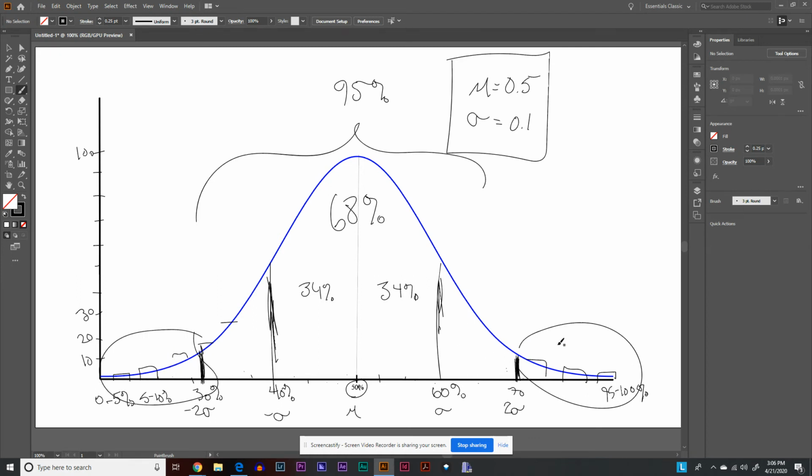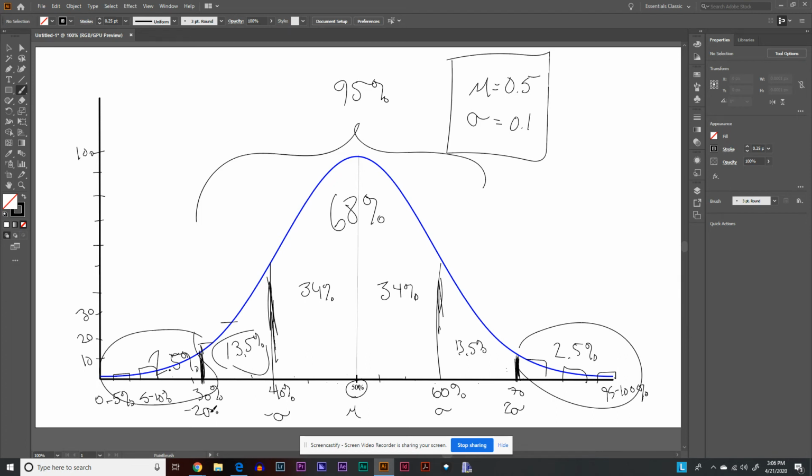Which means that that's split between two sides. This side over here is 2.5% of all people in the class. And then this over here is 2.5% of all people in the class. I know similarly, if you do the math on that, that would make this location 13.5%, 13.5% over here, right? So if you were asked how many people scored between 30% and 40%, there's your answer, right?